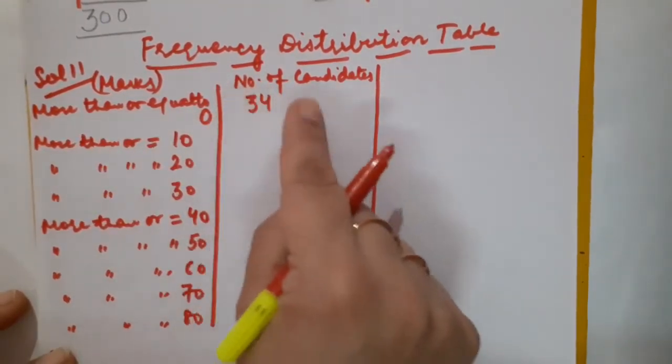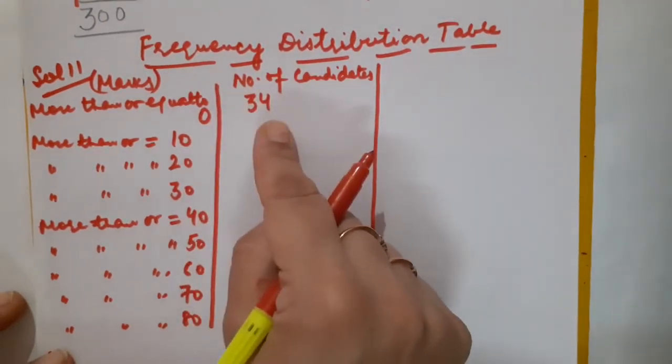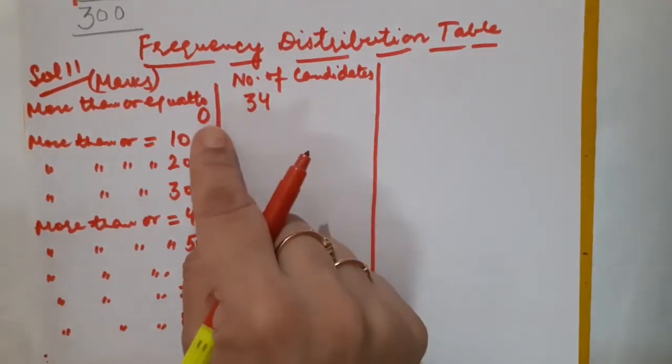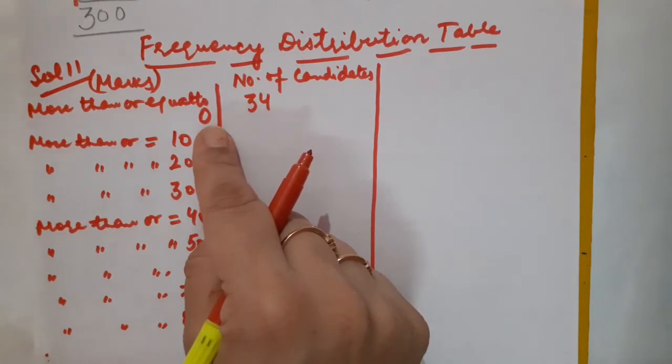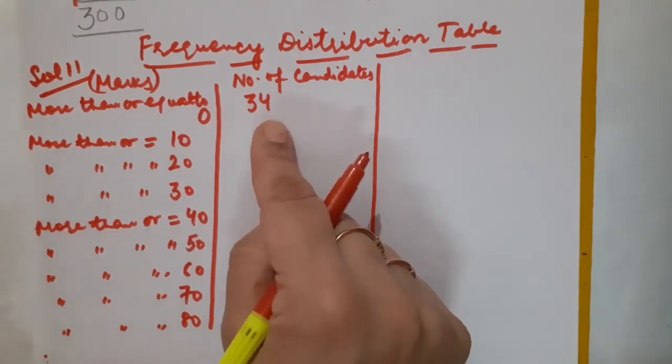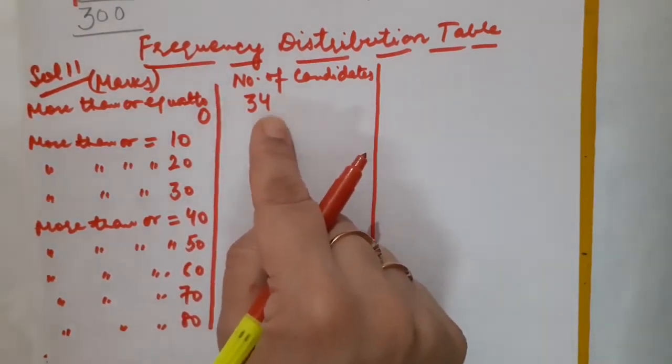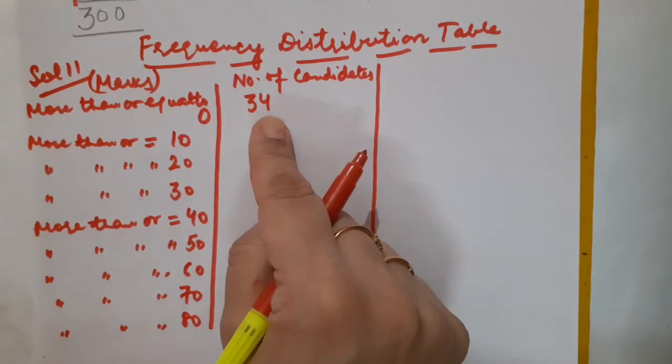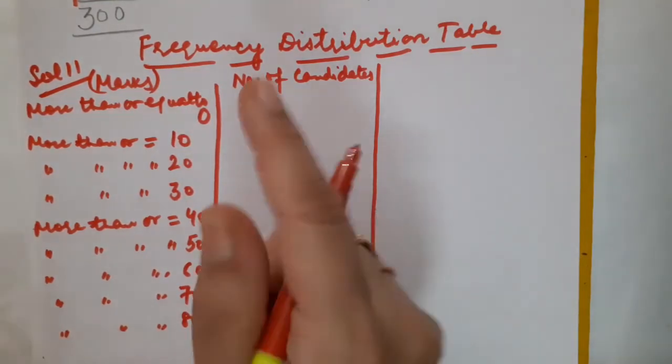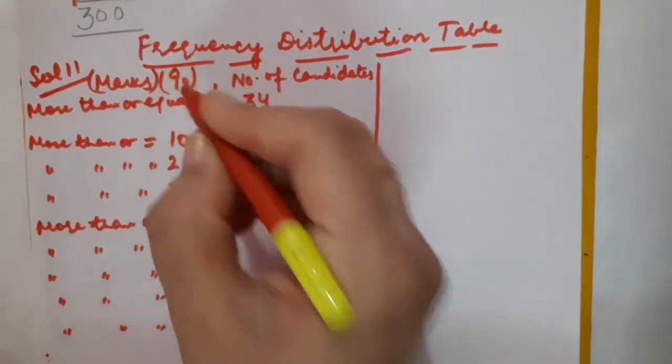Means they are the total basically given to us. Correct? Because if they are greater than or equal to 0, out of 90 they can be equal to 90 also. There will be a few candidates whose marks can be equal to 90, because the highest marks are 90. Here I am writing marks are out of 90.